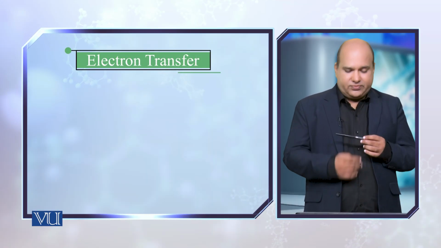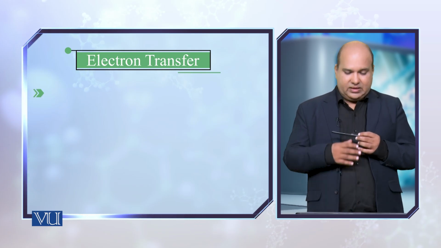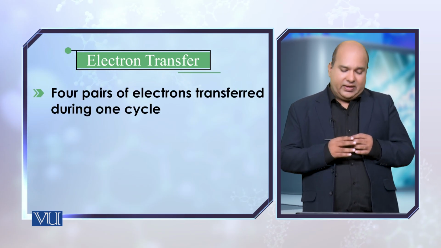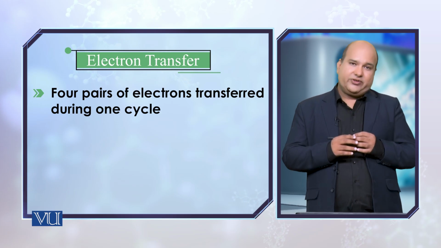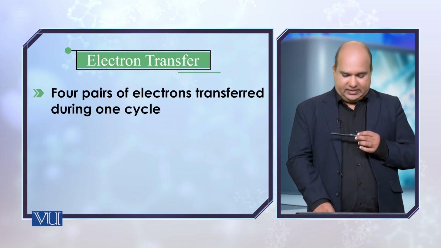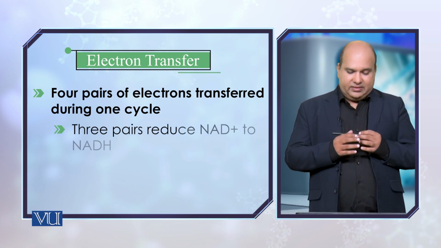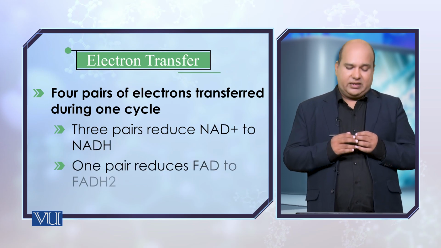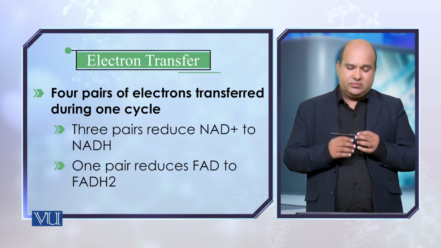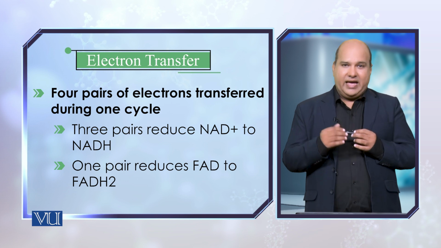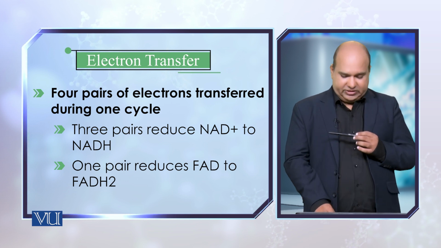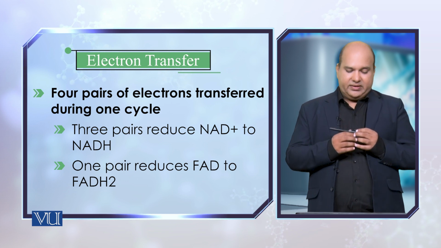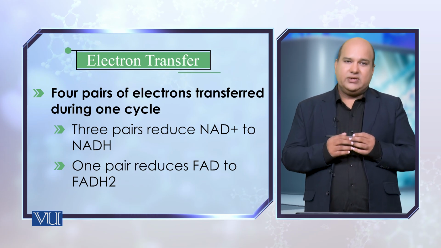Now let's move towards the electron transfer. You know why electron transfer is important here. Four pairs of electrons are transferred during this cycle. Three pairs come from NADH2 when NAD is reduced to NADH, and one pair reduces FAD to FADH2.